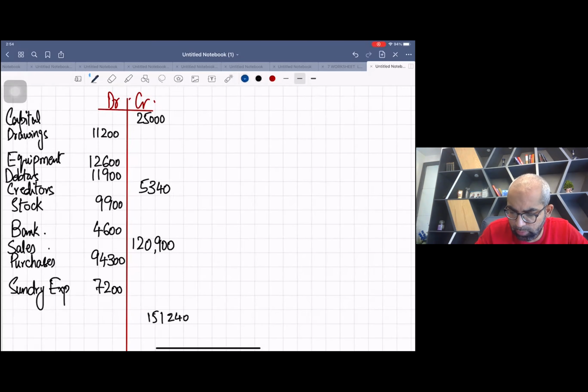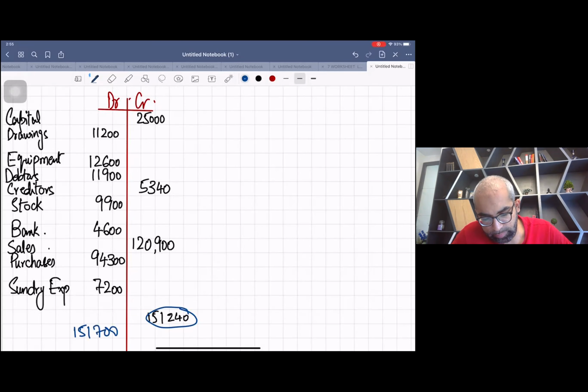Sorry, now the debit side is 151,700. Which side is higher and which is lower? 151,700 on the debit side and on the credit side is 151,240.